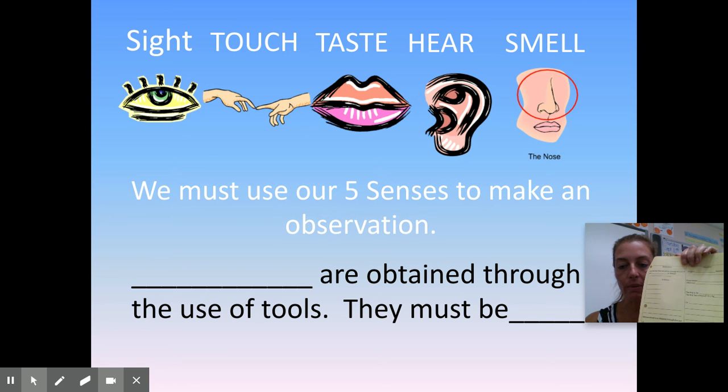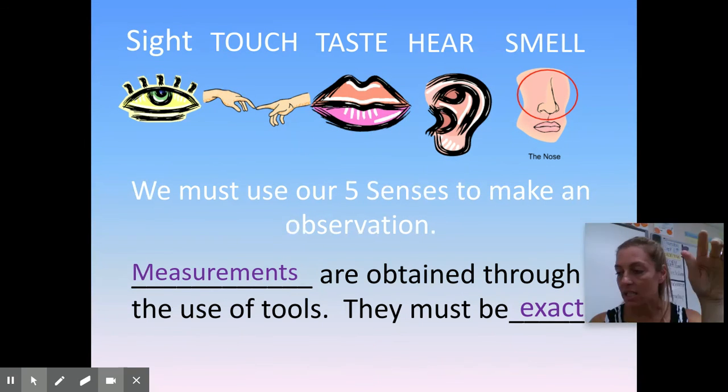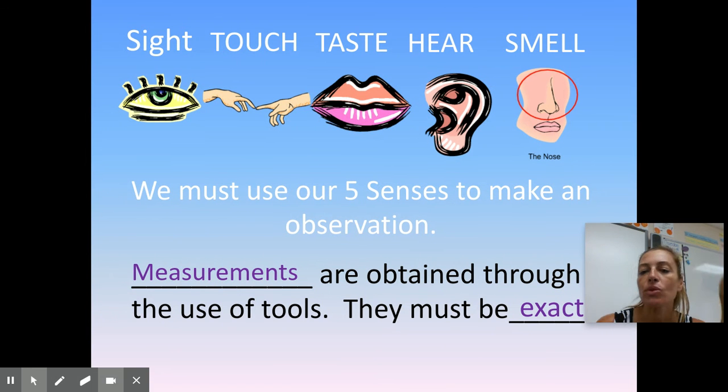Well, what are we making with the use of tools? Measurements. And they have to be exact. So when you make a measurement, you're extending your senses. Because if you look at something with your sight and you say, that looks big, it might not be big to an elephant. Elephants are huge. But it could be big to an ant. So your measurement will help quantify how big something actually is.